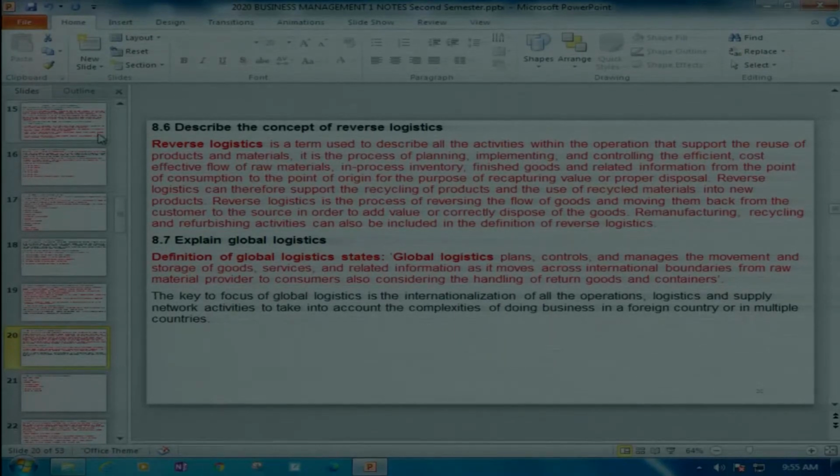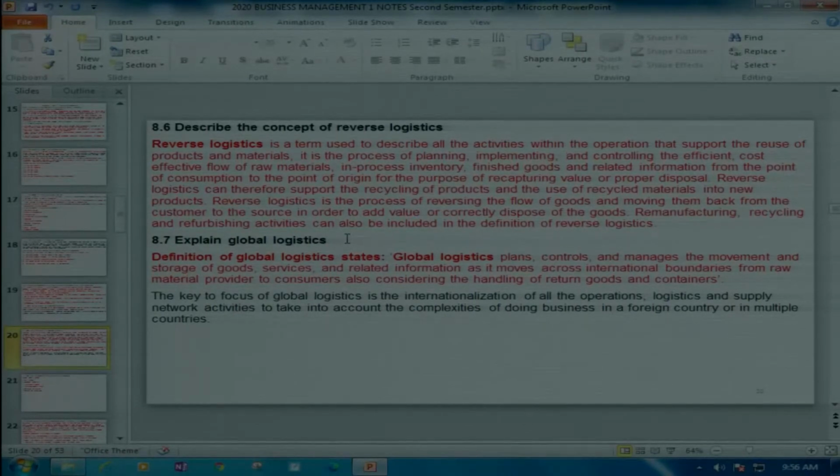Learning outcome number 7, you must be able to explain global logistics. The definition of global logistics states that global logistics plans, controls, and manages the movement and storage of goods, services, and related information as it moves across international boundaries from raw material provider to consumers, also considering the handling of return goods and containers.